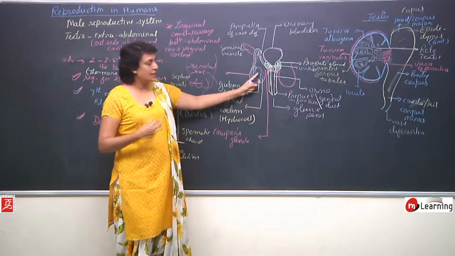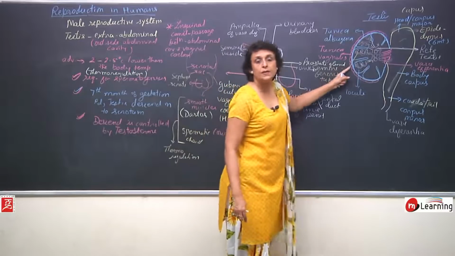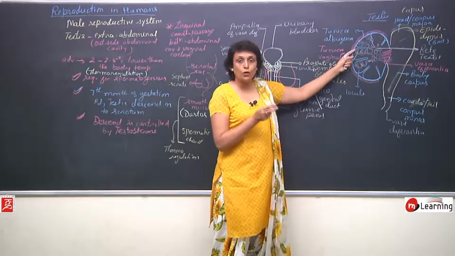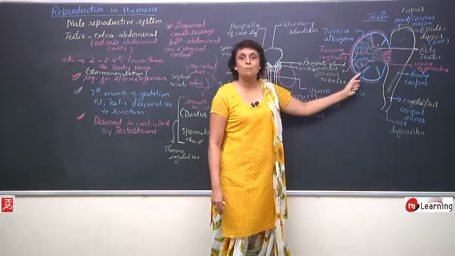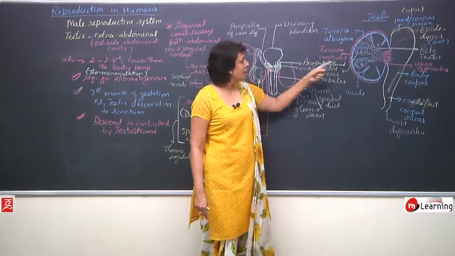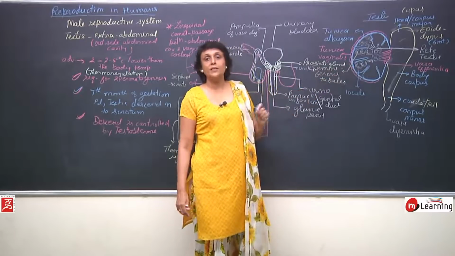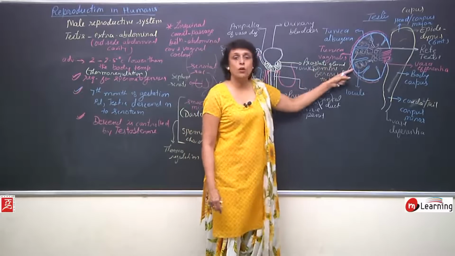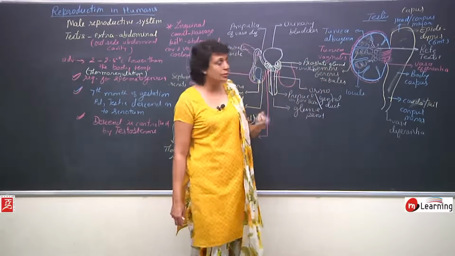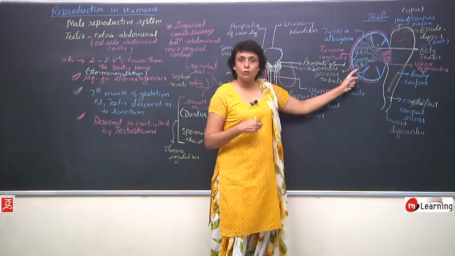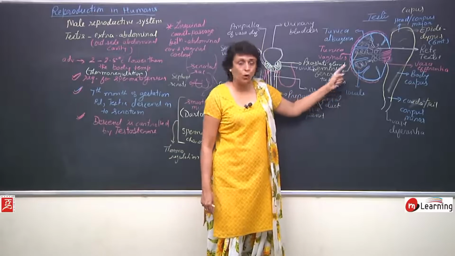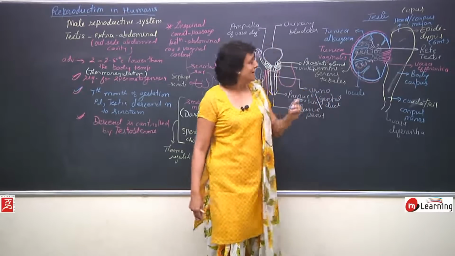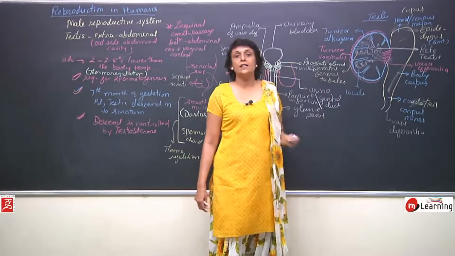What is inside the testes? Their wall is the tunica albuginea, which is fibrous, thrown into folds inside, so that there are compartments known as locules. Each locule has coiled tubes known as seminiferous tubules, 1 to 3 tubules per locule. In the locular region, these tubules are highly coiled. When they come towards the middle of the testis, they become straight and join each other in a grid pattern.